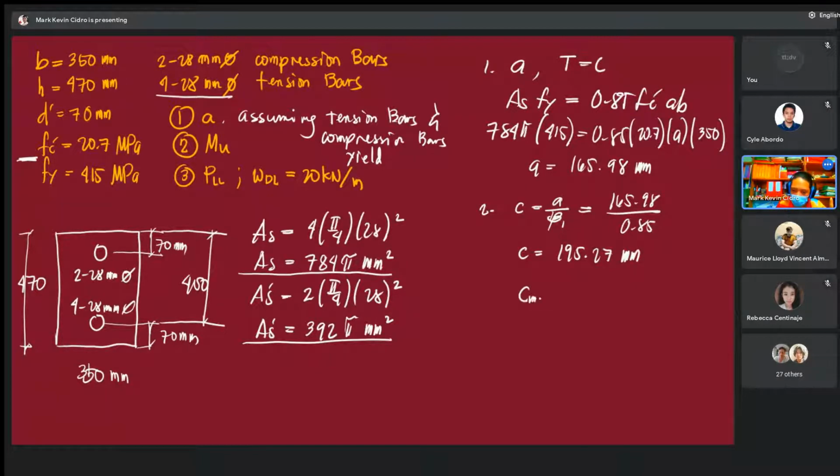Compare it with c max, which is 3 over 7 multiplied by d. What's the d? d is 400.